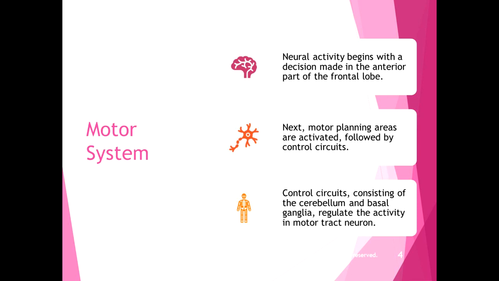The control circuits are in the cerebellum and the basal ganglia, and they regulate the activity in the motor tract neuron. So the brain says, yeah, we've got to do this, and the cerebellum and basal ganglia say, wait a minute, let's do it under control. There's lots of input going into a motor act, but the initial decision is made in the anterior part of the frontal lobe.